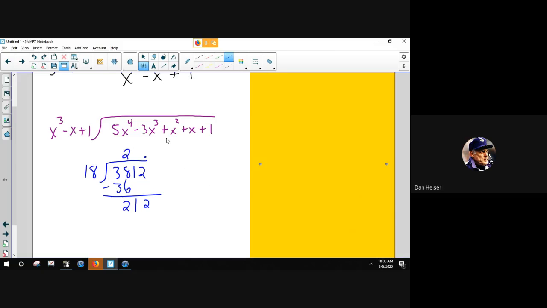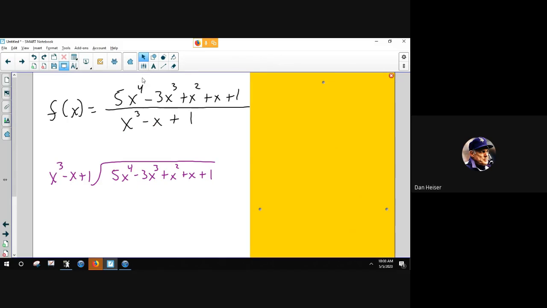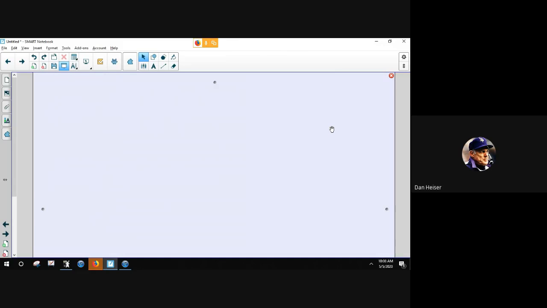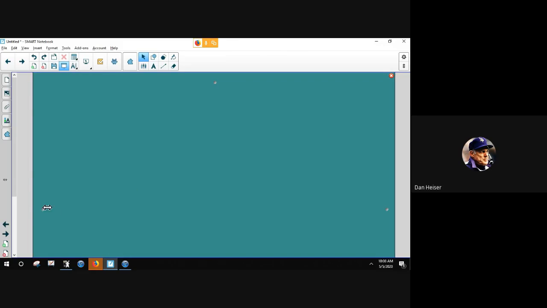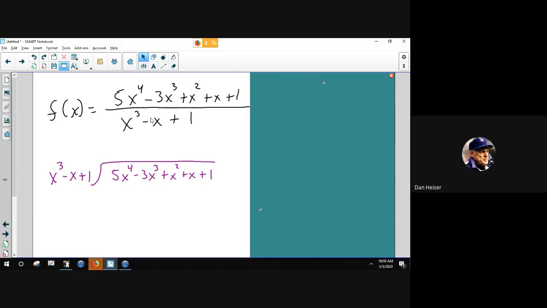So, long division of polynomials is similar in a way. I'm going to multiply whatever this is by x cubed to make the 5x to the 4th go away.